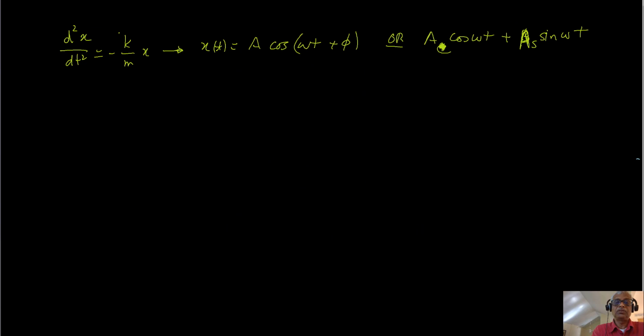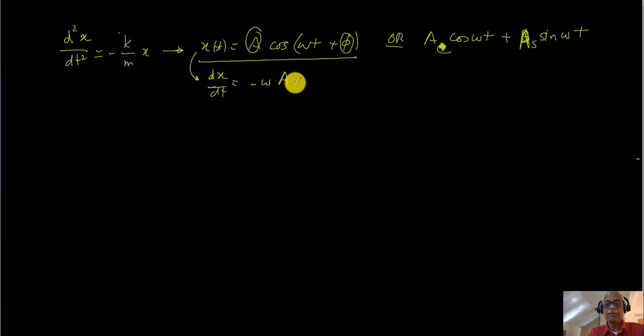Okay, so I want to use this solution and show you how to get A and phi. To get that, we look at what the velocity will be, and the velocity formula is just the derivative of this, and it's going to be minus omega A sine(omega t plus phi).